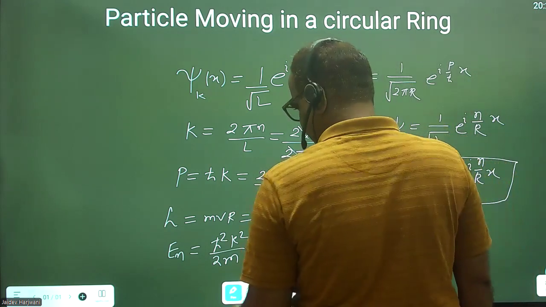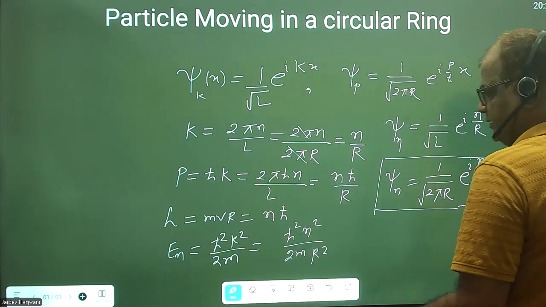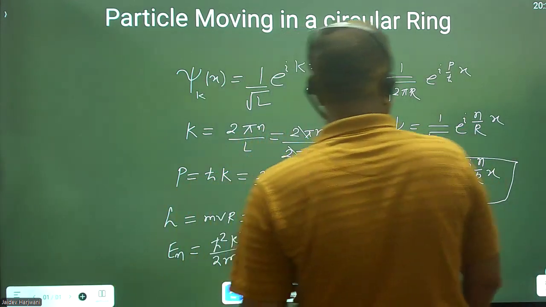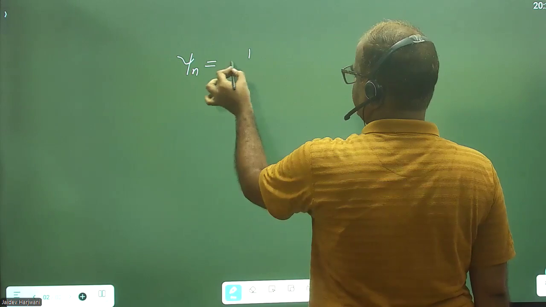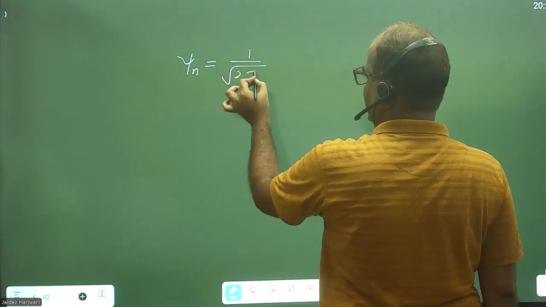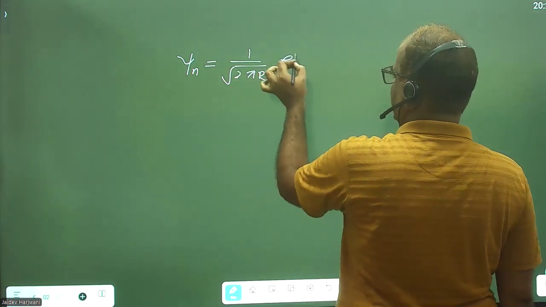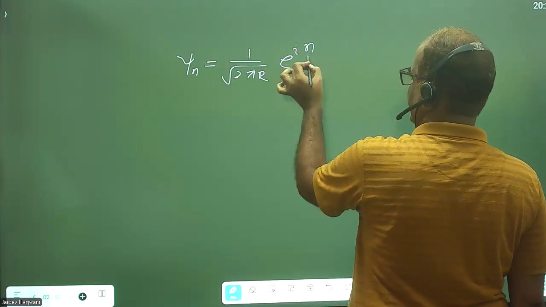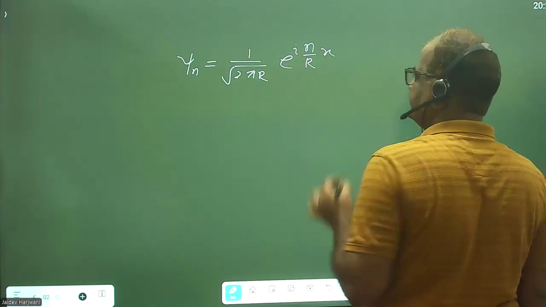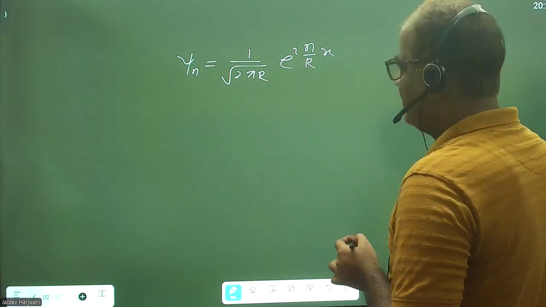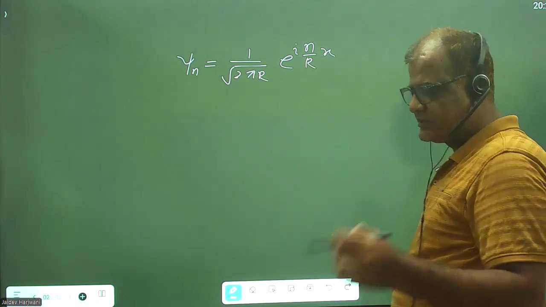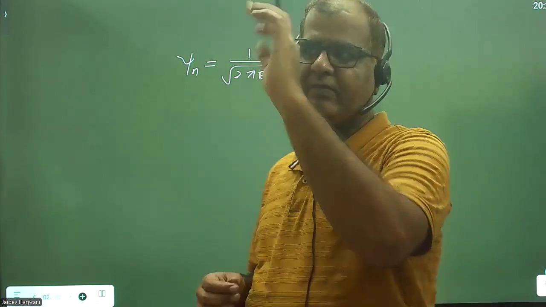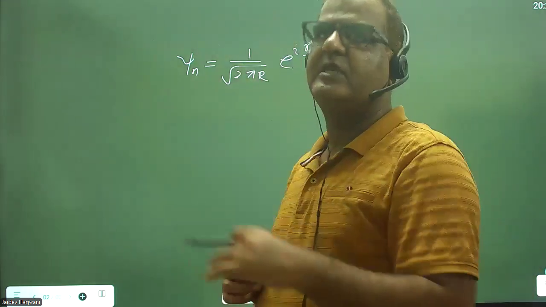Now let us discuss what happens. Taking the next page, I have psi equal to 1 upon root 2 pi r e power iota n by r x. These are all the possible states of a particle moving in a circular ring.